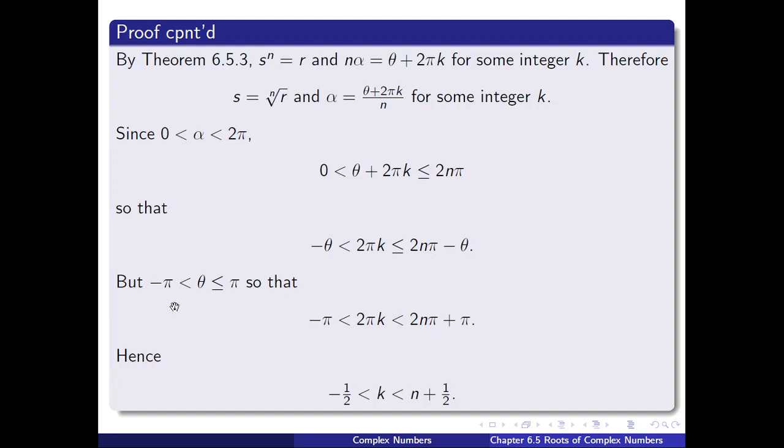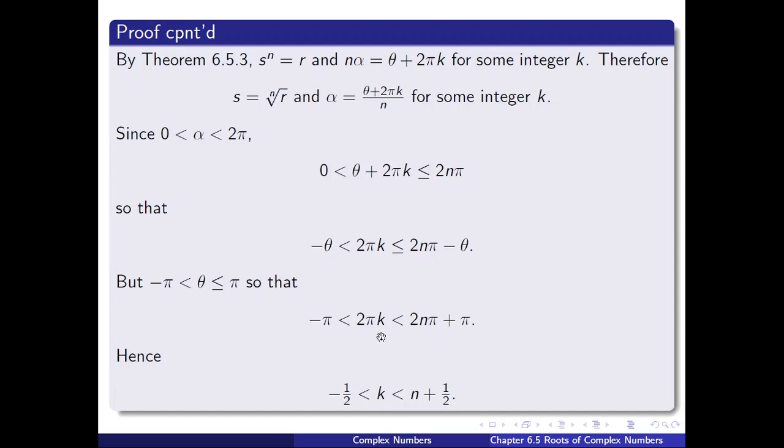And then if we look at the principal argument, we know that theta is between minus pi and pi. Then what it means is minus pi is less than 2 pi k, which is less than 2n pi plus pi. Right, so what it means is minus half is less than k is less than n plus half.